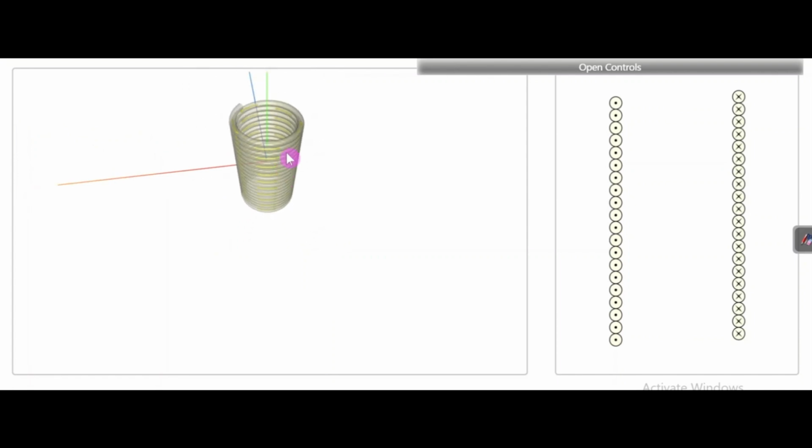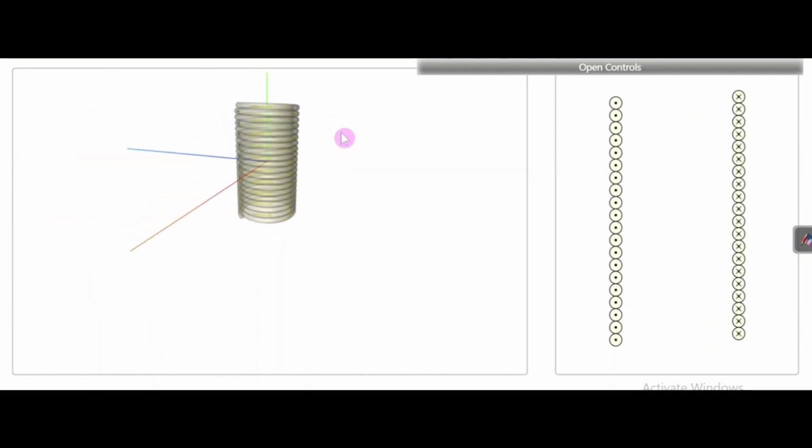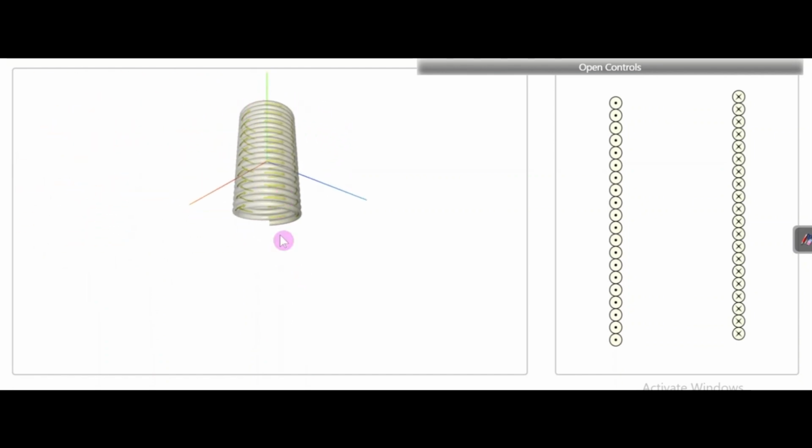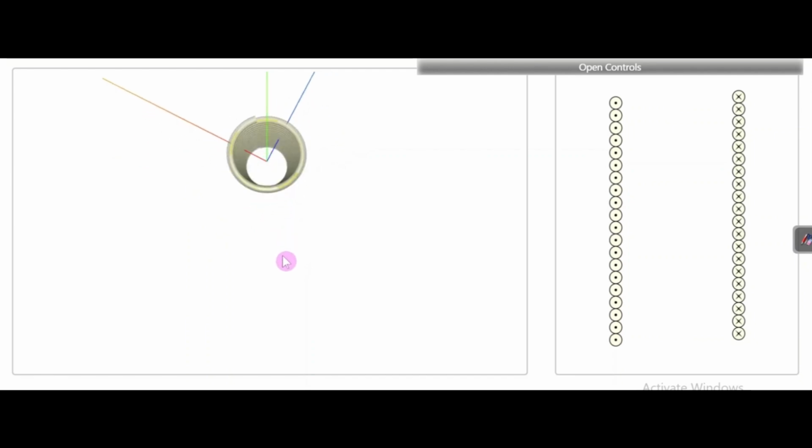Why? Because the ideal solenoid is one which has a strong magnetic field inside and a weak magnetic field outside. And for the ideal solenoid, the magnetic field inside this solenoid will be parallel.